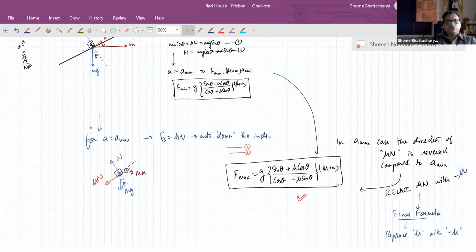If you're pushing too fast towards the left, the block will tend to slide up the inclined plane. It's a very unlikely situation, but it can happen. Why unlikely? Because you have to apply a lot of force for that. The acceleration has to be very large. So hope this is clear now.